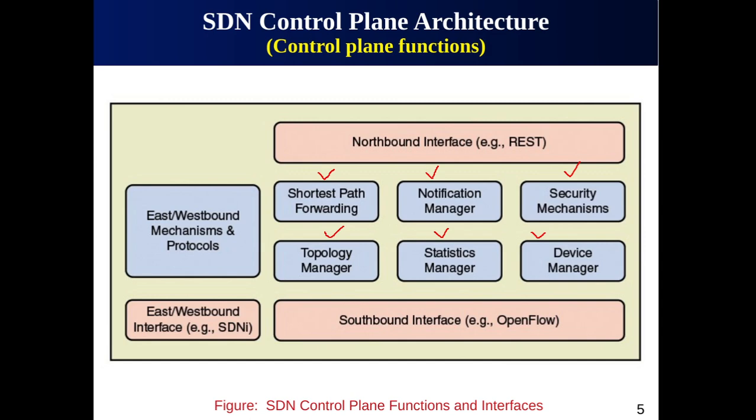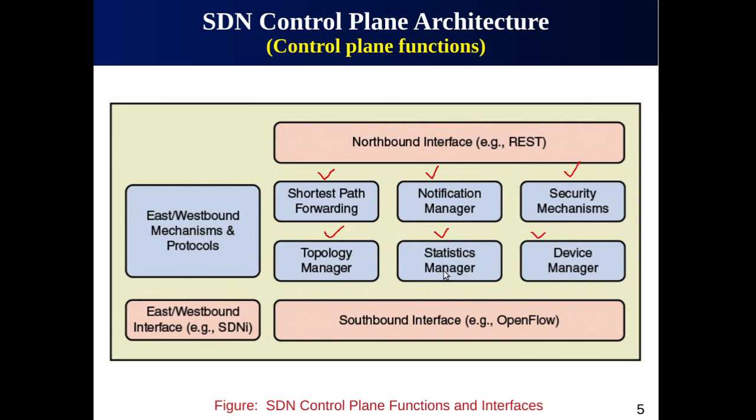Like a conventional operating system, this NOS provides essential services, common application APIs, and also an abstraction of the lower layer elements. So just like the traditional operating system, NOS will provide essential services to the applications. It will provide common APIs to the developer, and it will provide an abstraction of the lower layer devices or elements.